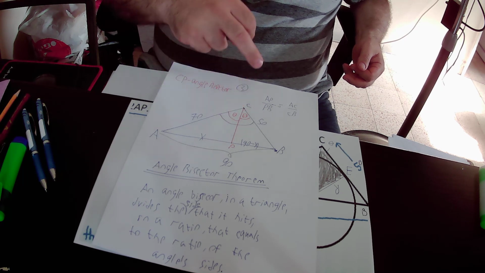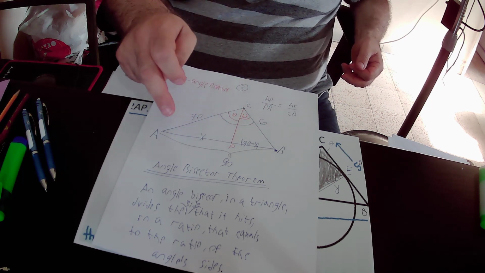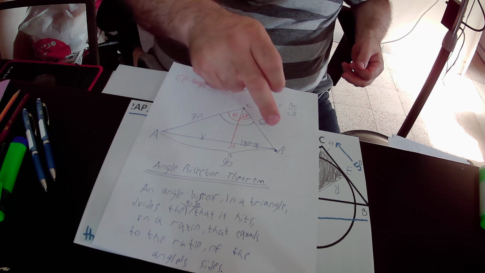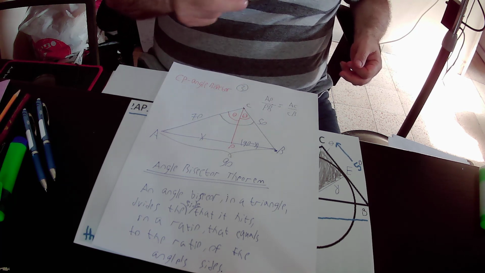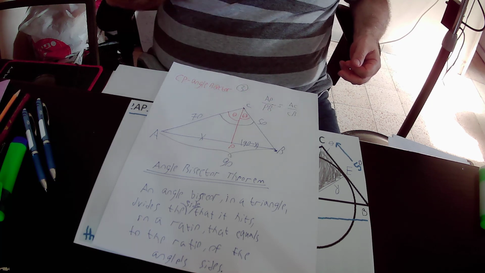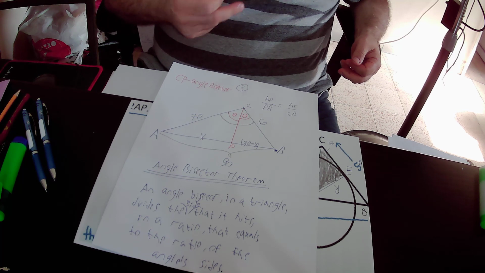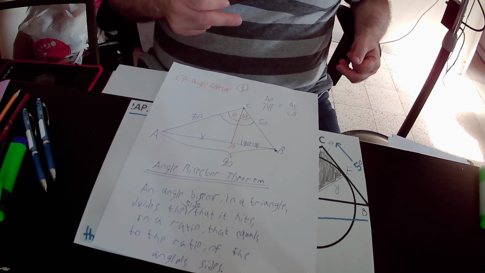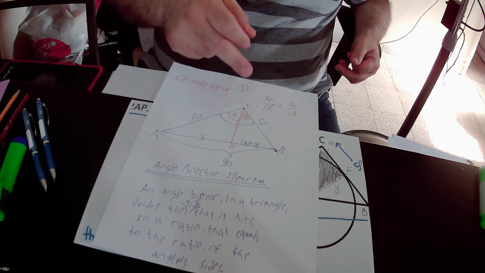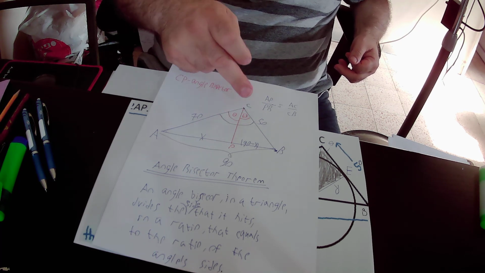angle bisector CP divides side AB into two parts, part AP and part PB, and the ratio between those two parts is AP over PB, and that ratio equals the ratio of the sides of the angle that is divided into two halves by the angle bisector CP.